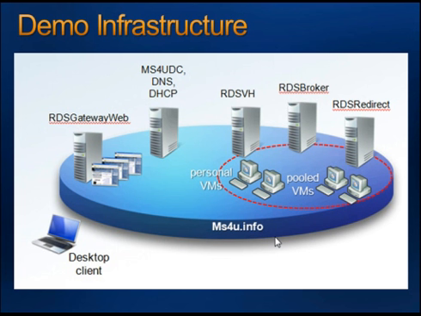For my demo infrastructure, I have one RD Virtualization Host, and I installed all the virtual machines with all the different roles of Remote Desktop Services, and then I need to have Active Directory.